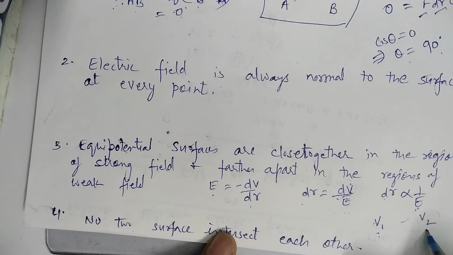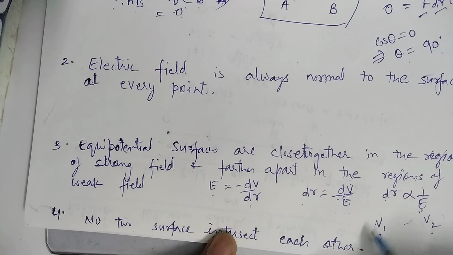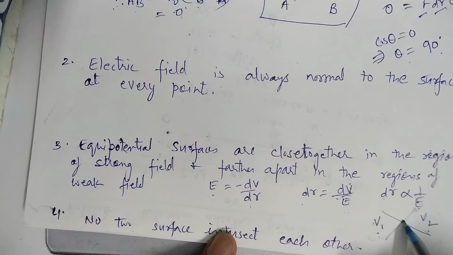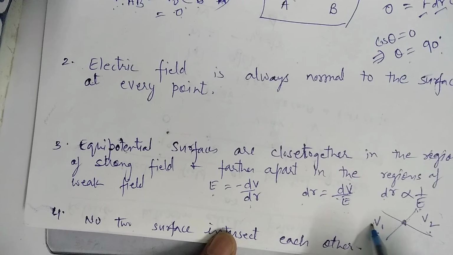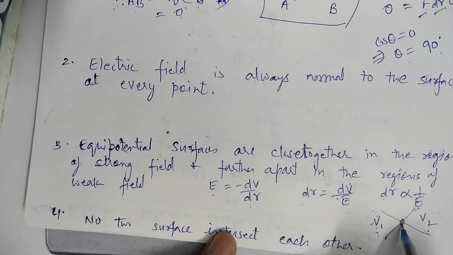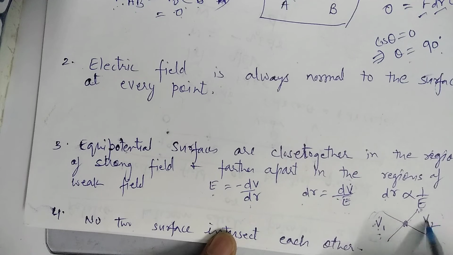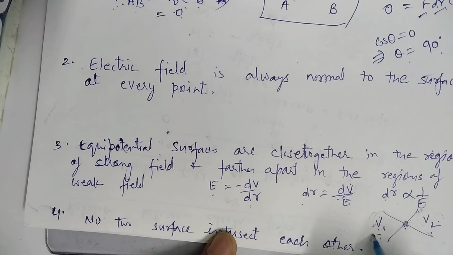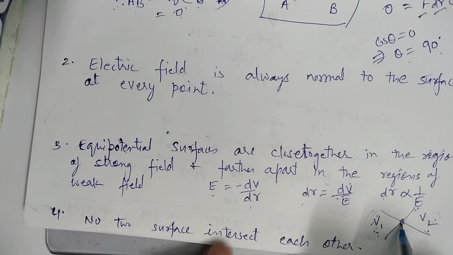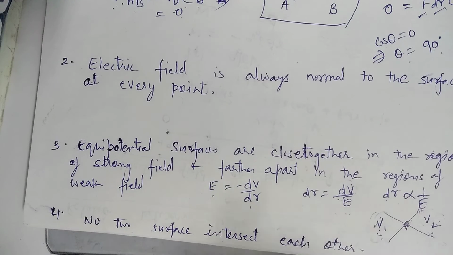Now if these surfaces intersect each other, then at the point of intersection, according to one surface the value should be V1, and according to the other surface the value should be V2. So at the same point it is not possible that two different values V1 and V2 can exist. In other words, no two surfaces intersect each other.